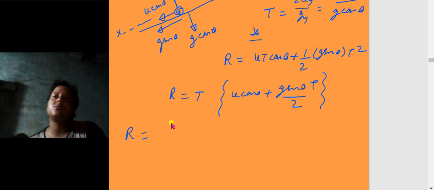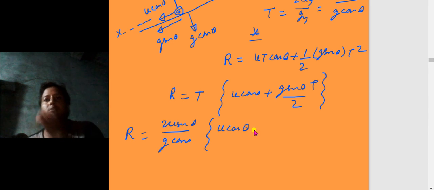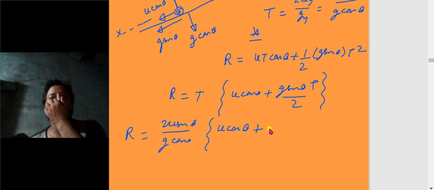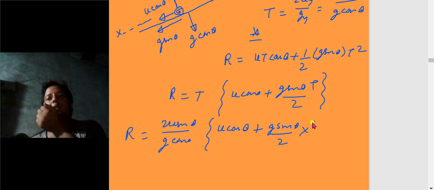So r is what? Time of flight is 2u sin theta over g cos theta, into u cos theta plus g sin theta over 2 times 2u sin theta over g cos theta.